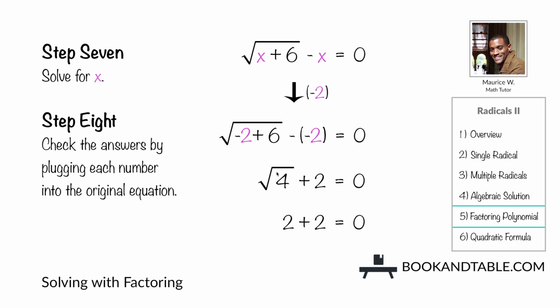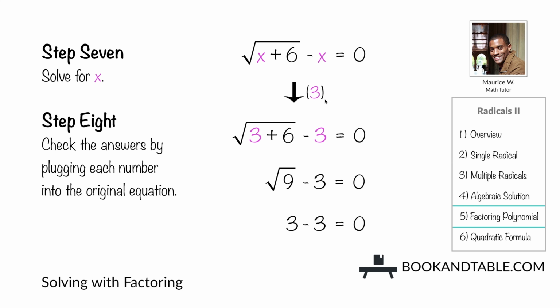The square root of 4 is 2. 2 minus negative 2 gives you 2 plus 2, which equals 4. And 4 is not equal to 0. So since the left side does not equal the right side, this is not a valid answer. So x does not equal negative 2.